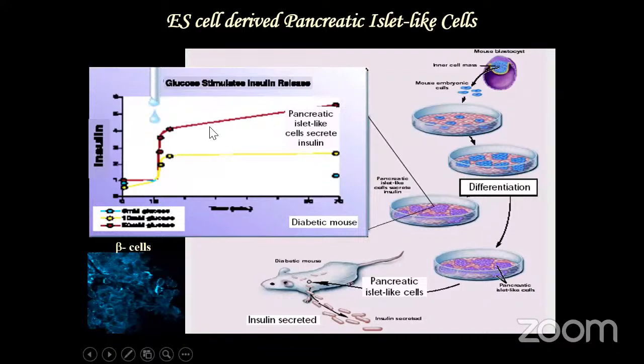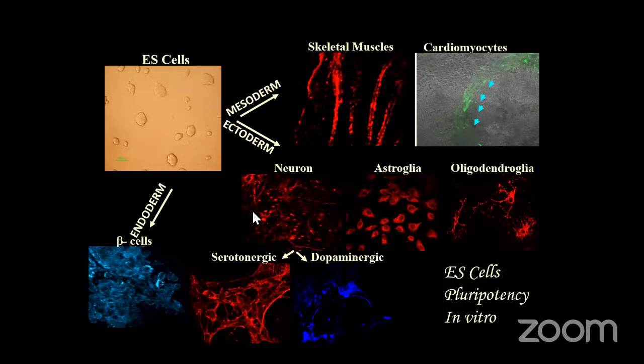So what basically it shows, when you are having embryonic stem cells, you can direct the cells to all three germline derivatives, be it ectoderm derivatives, specific neurons, different subtypes of neurons, dopaminergic, serotonergic, astrocytes, oligodendrocytes, these are the myelinating cells which protect the neurons, or mesoderm derivatives, skeletal muscles, cardiomyocytes or cardiac muscles, even smooth muscles, then endoderm derivative beta-like cells. So this shows the embryonic stem cell pluripotency.